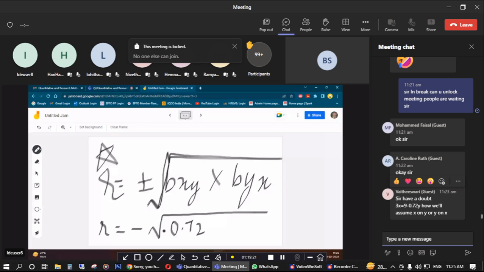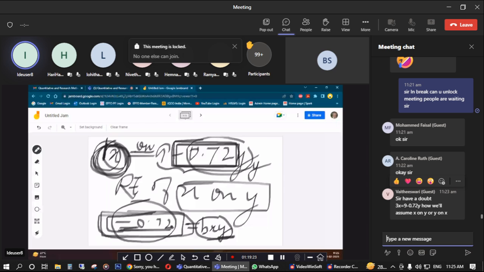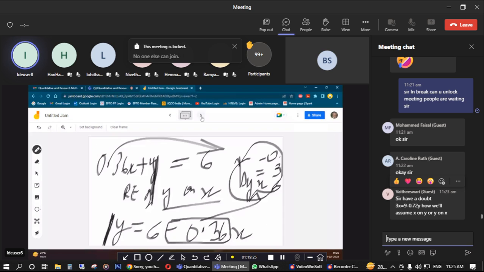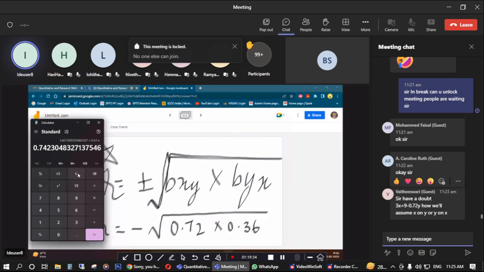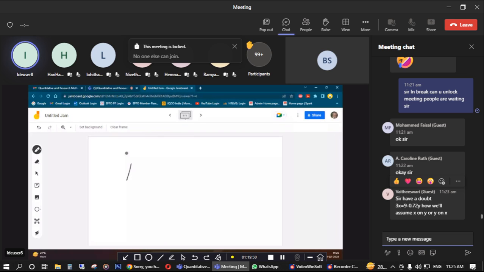So what is bxy? 0.72. What is byx? 0.36. So multiply it. Very simple. 0.72 multiplied by 0.36. How much does it come to? 0.25. So R is equal to minus, open the bracket, 0.25.